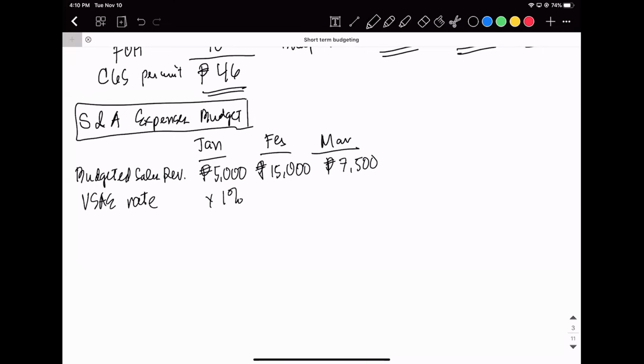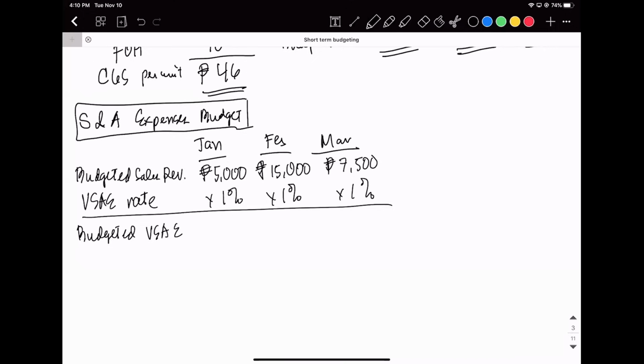So, times 1%, times 1%, times 1%. So, ito na ang ating budgeted variable selling and admin expense. So, 5,000 times 1%, ilan? 50, no? 15,000 times 1%, this is 150. 7,500 times 1%, 75.